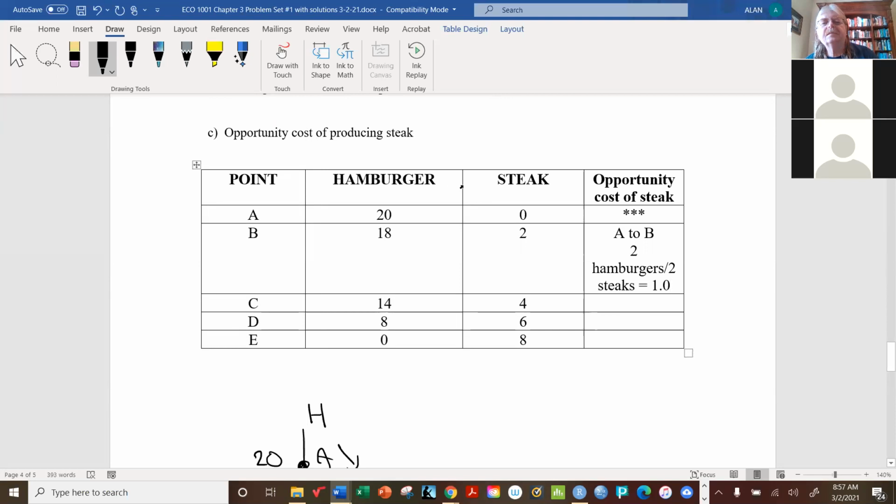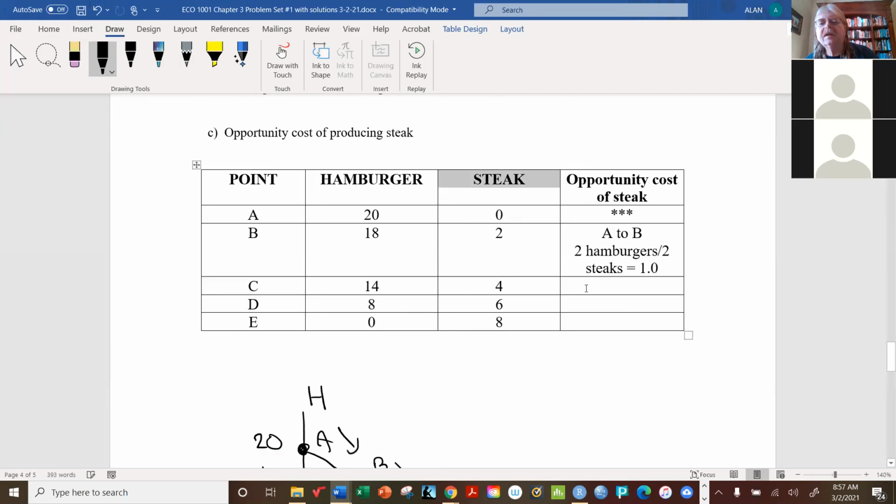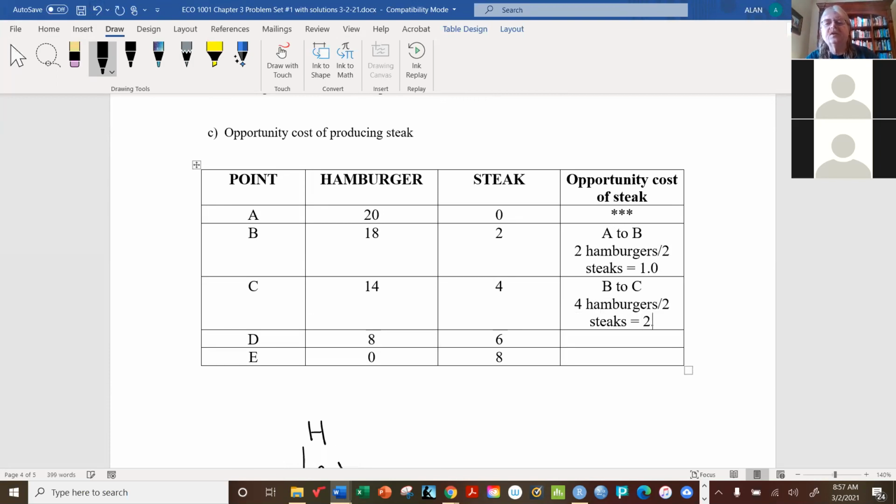I'm trying to make the chart a little more pretty. There we go. All right. Now from B to C, you'll notice that we lost 4 hamburgers while we were gaining 2 steaks, which is a ratio of 2.0.